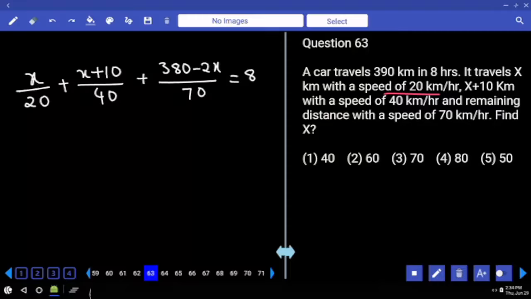Is 240 a multiple of 70? Fourth option, 2 times, 160 is subtracted, 220. Next, fifth option, 2 times, 100 subtracted. Is 280 a multiple of 70? That's your final answer. If you want to verify, substitute the x value 50 here and then keep doing.